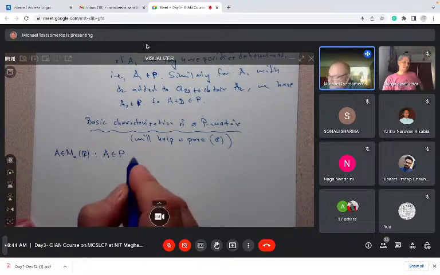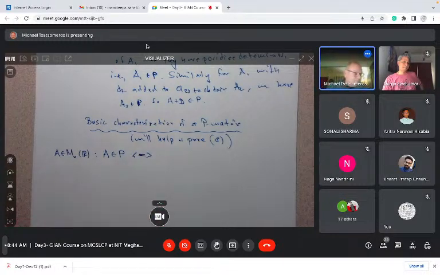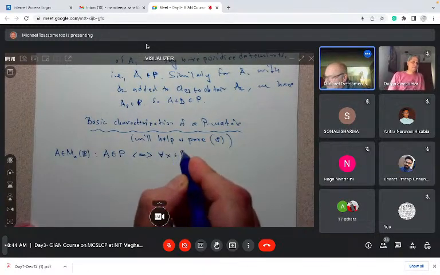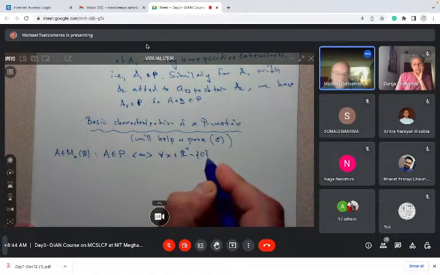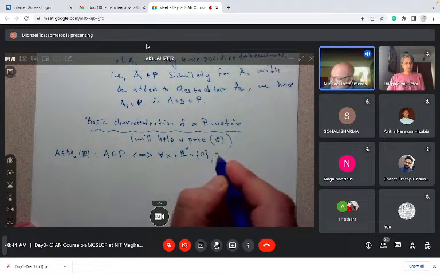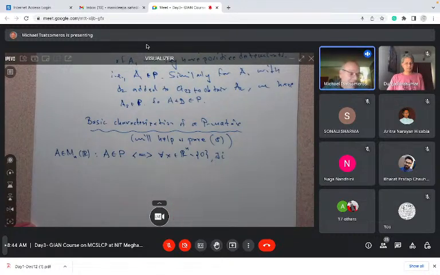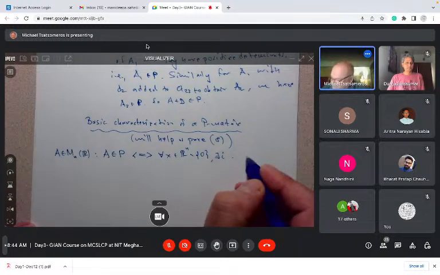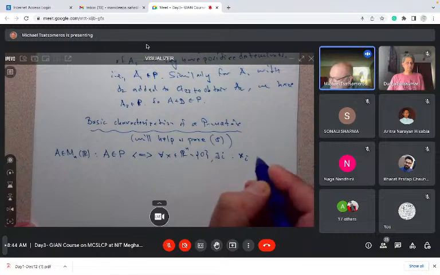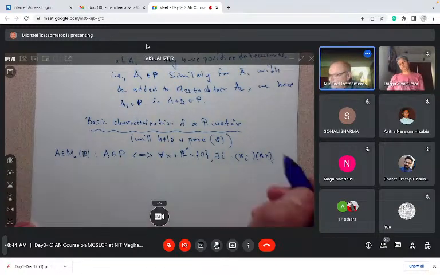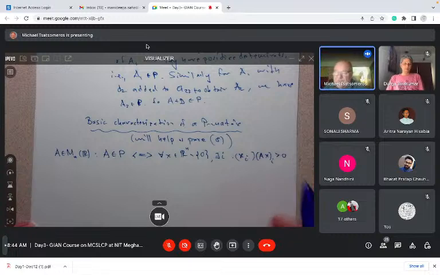A is a P matrix if and only if for every vector x in R^n, except the zero vector, there exists an index i such that x_i, the ith entry of x, and the ith entry of Ax have the same sign. So this product is positive.